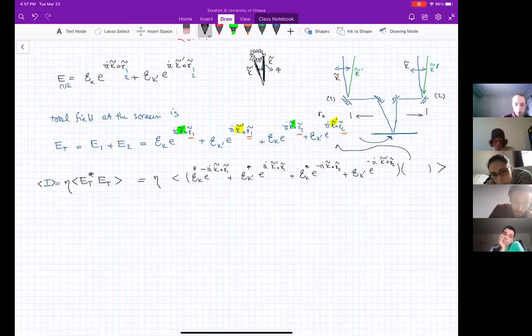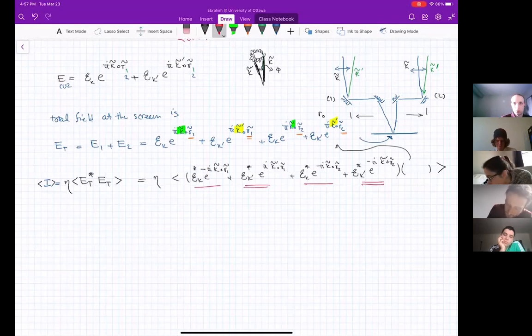Good. How many terms do we have? 16 terms. So we do have 16 terms. I could have been much cleverer, and what I could do is just gather the E_K terms together and these two terms together.